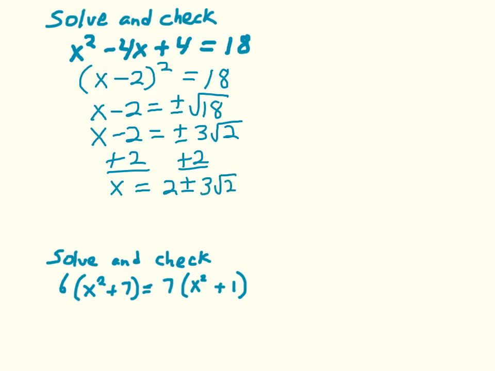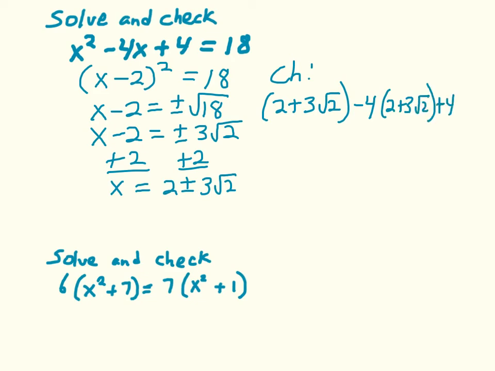So my check becomes pretty complicated here. I would tell you to use your calculator. So when I square, I'm first going to square 2 plus 3 root 2, minus 4 times 2 plus 3 root 2, plus 4. And does all that equal 18? I think you'll see that it does. And by the way, I forgot to square that.